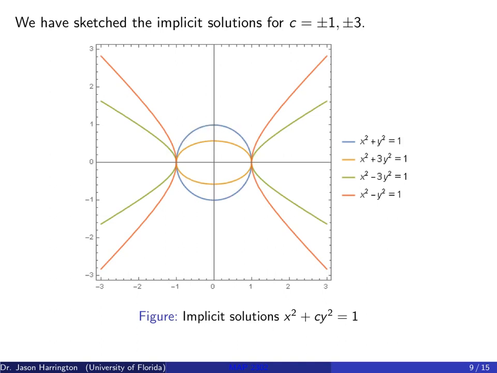And when c is equal to 3, then I have this ellipse. So we can get different solutions. For example, if I have negative 3, you'll notice that now I have two disjoint curves that actually satisfy the solution to the ODE, which is kind of neat.